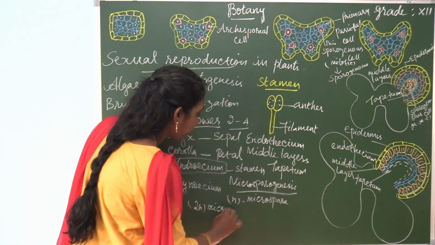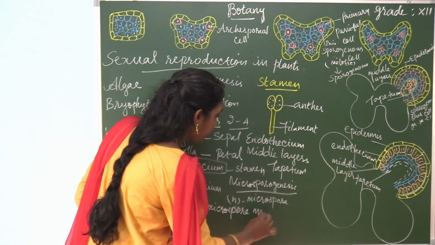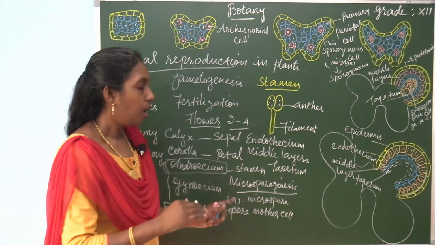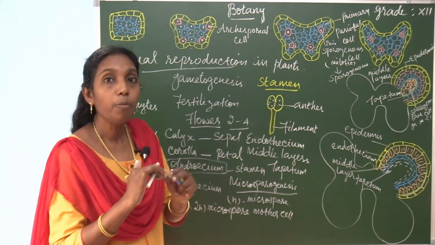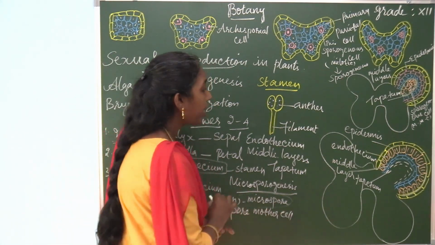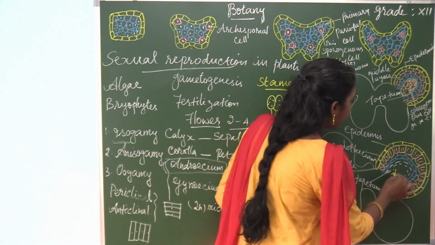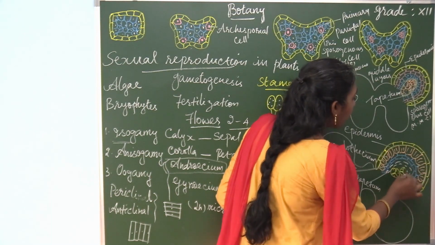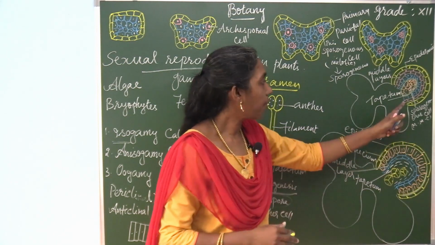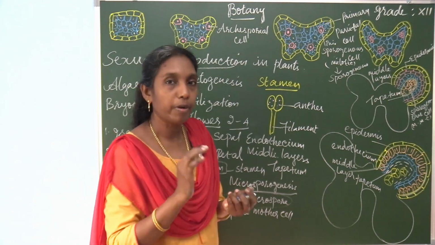The microspore mother cell undergoes meiotic division, and it becomes a microspore tetrad. Four haploid microspores are formed. So in the first stage, microspore tetrads are formed.